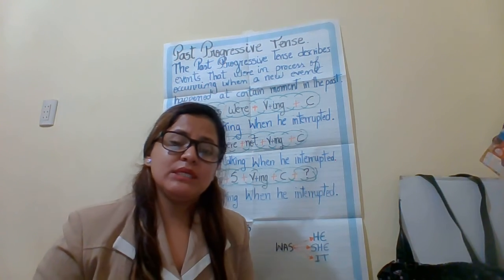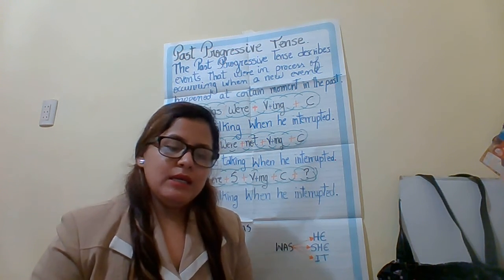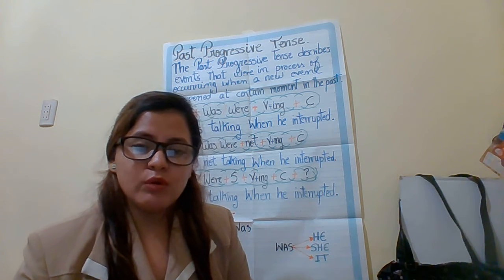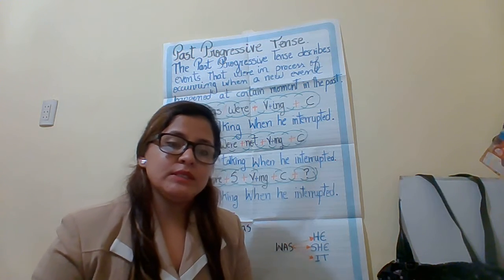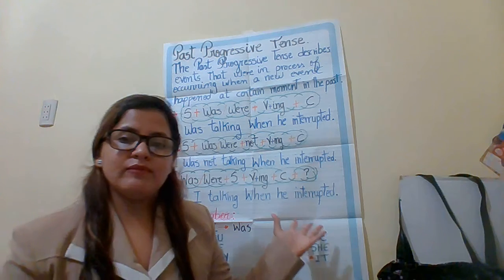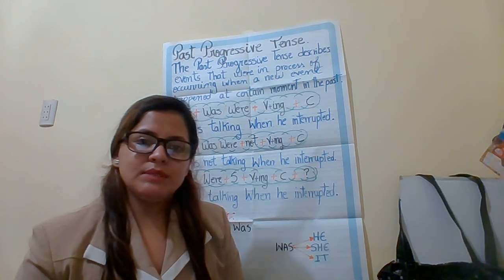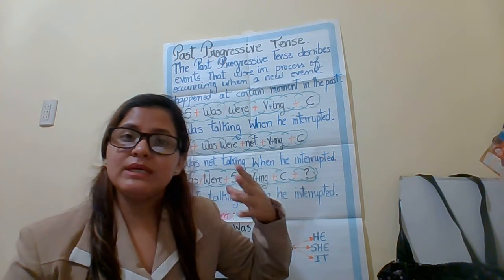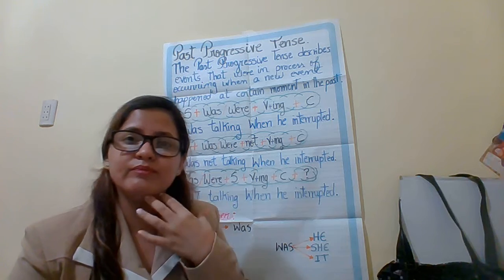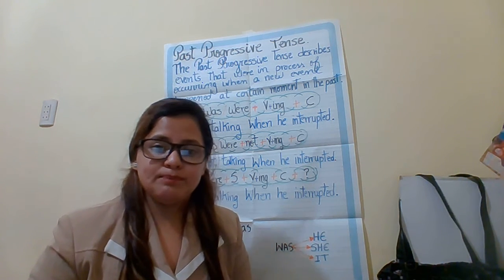Then number 3, we have the methodology and strategies. In methodology, we have the communicative approach and the audiolingual method. The communicative approach focuses on the whole topic taught to the students, and in the audiolingual method the students pay attention to the teacher, listen to the topic and the instructions, and then put it into practice.